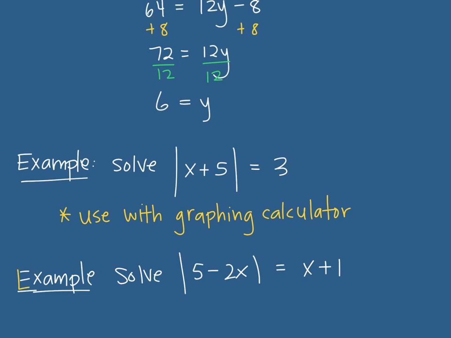So I'm going to come back here. All right, I'm going to clear that out. I want the absolute value to be 5 minus 2x this time. So I'll go finding my absolute value, 5 minus 2x. Then I'll go to the second line, clear that out, and I want it to be x plus 1.